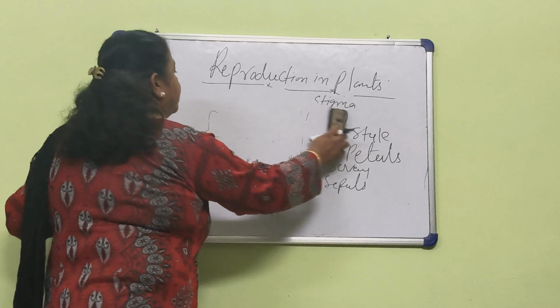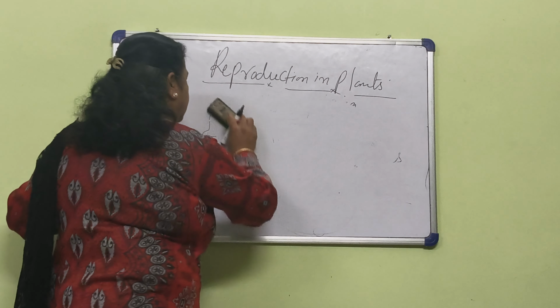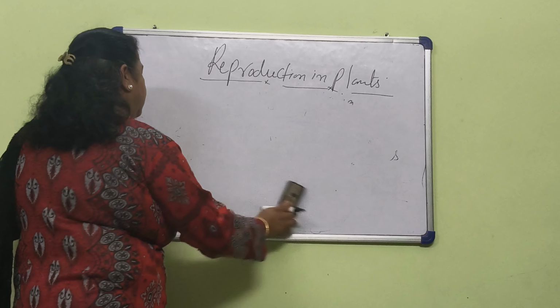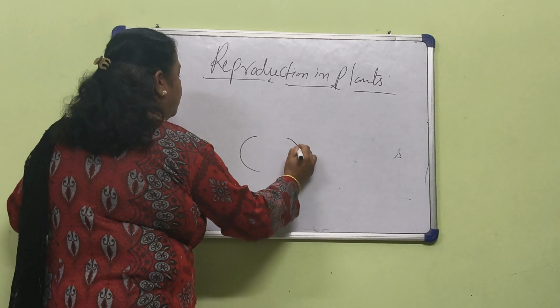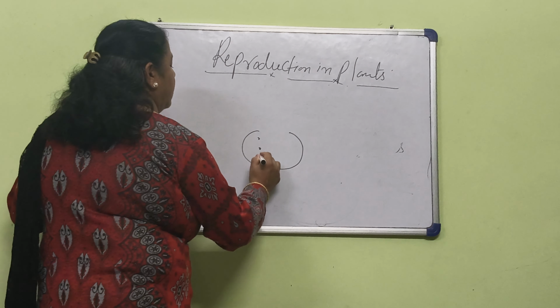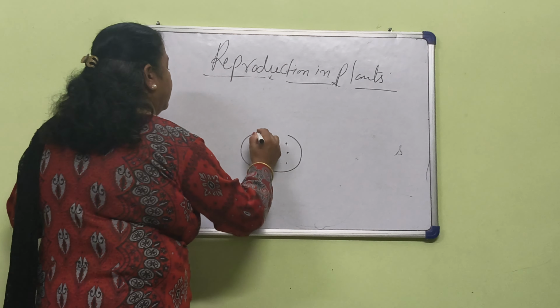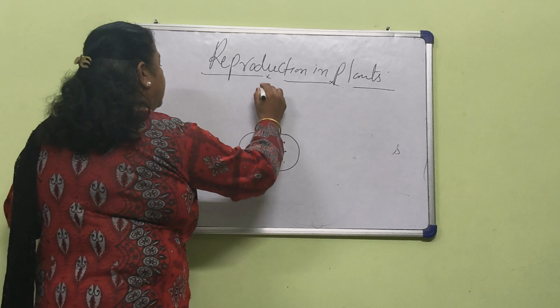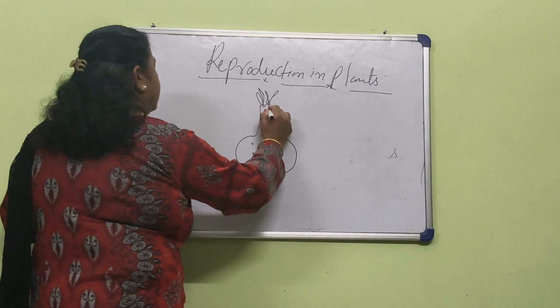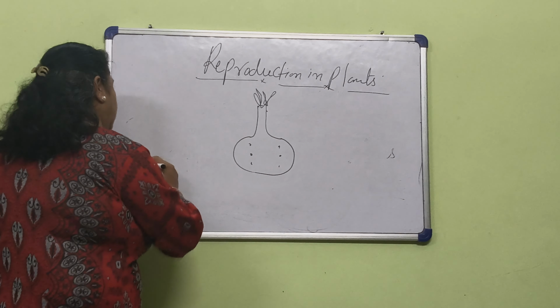Now we see the structure. This is the female ovary. These are the ovules. Okay. This is the style, and finally the stigma. Okay. Now what happens?